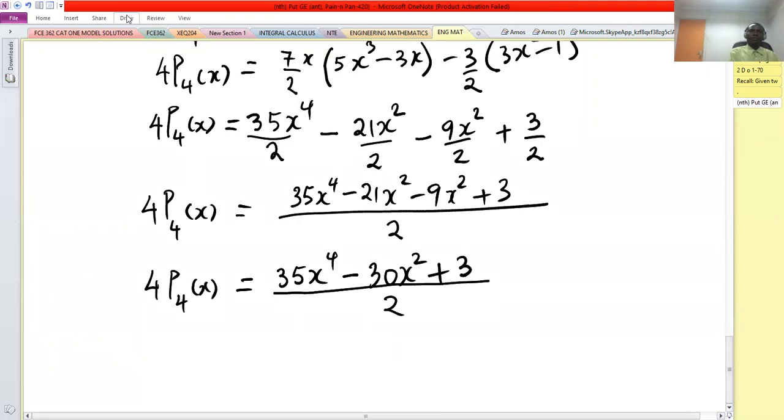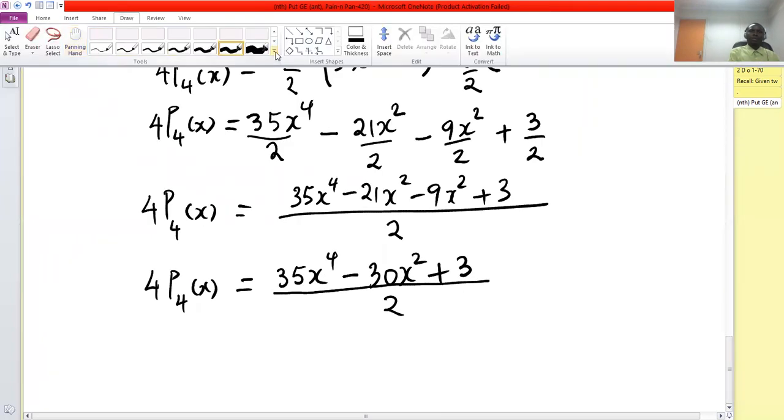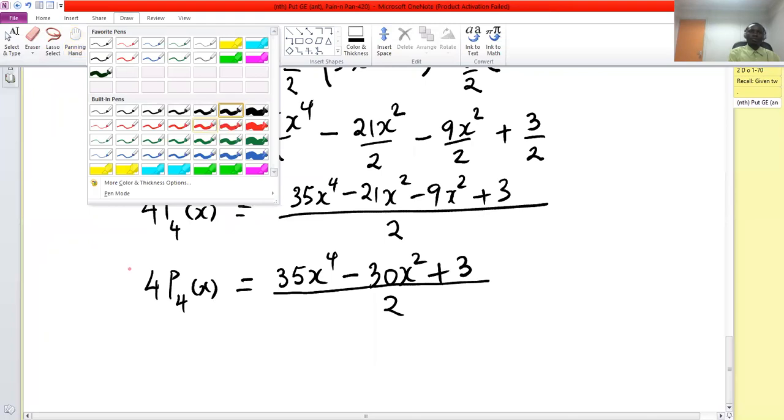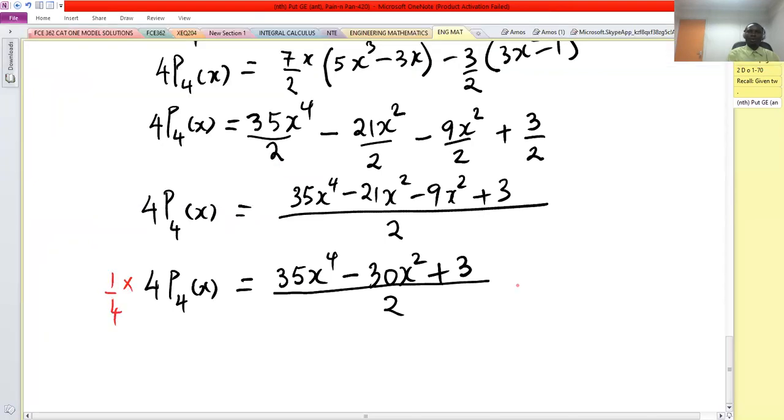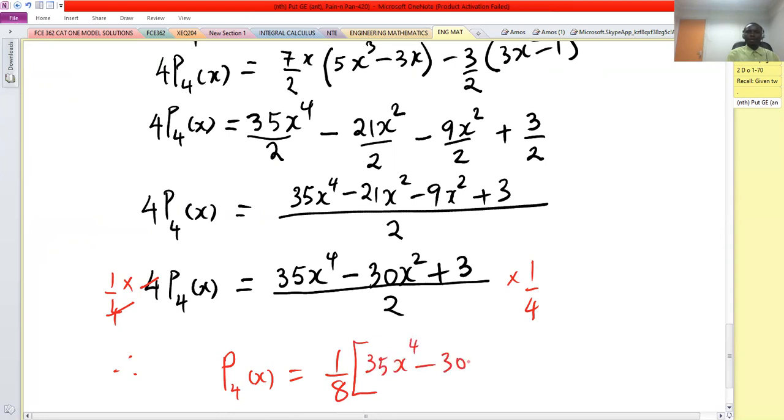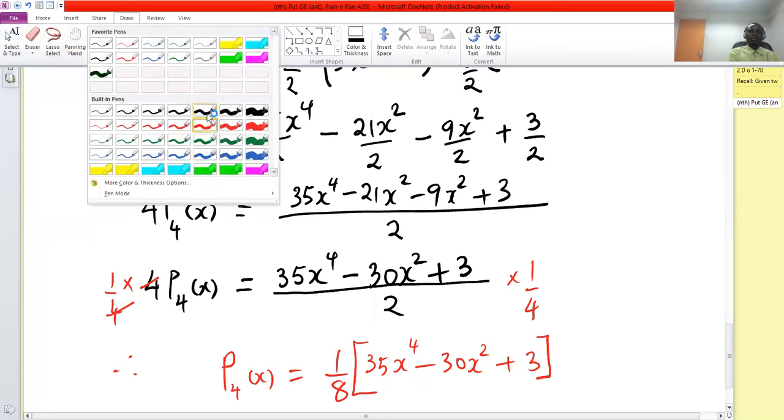And therefore, to get P4 alone, we multiply both sides by 1 over 4. So this and this cancel out. And therefore P4 of x will be 1 over 8 into 35x to the power 4 minus 30x squared plus 3. So this is the expression for the Legendre polynomial of order 4.